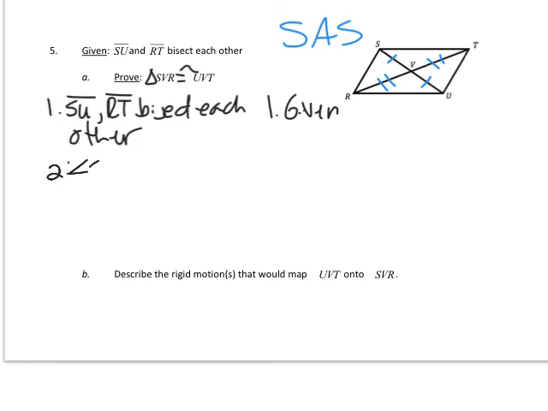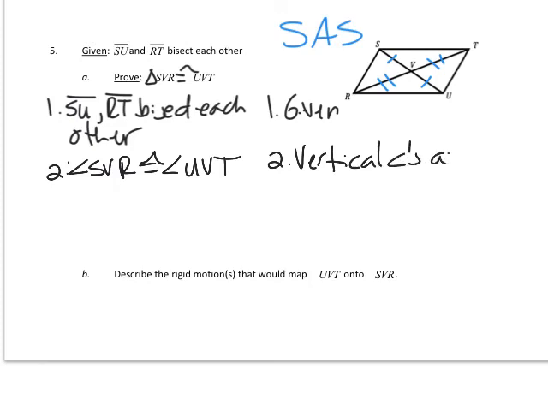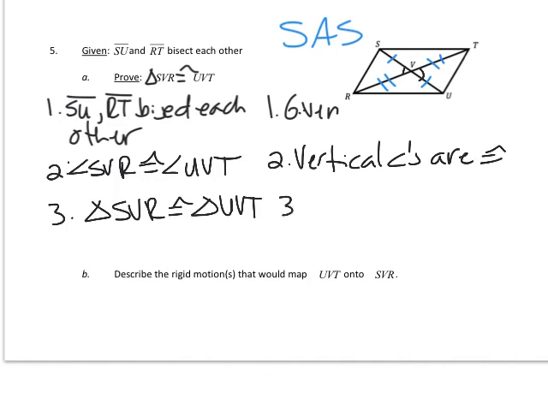So angle SVR is congruent with angle UVT. Vertical angles are congruent, which means I can mark that up. Now I have my side angle side criteria. So triangle SVR is now congruent to triangle UVT, and that's by side angle side.